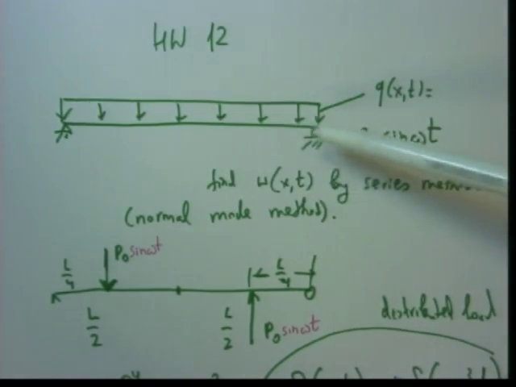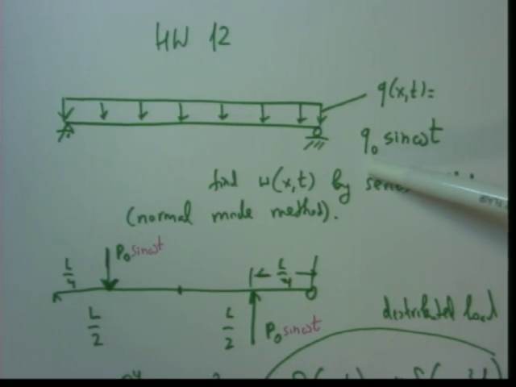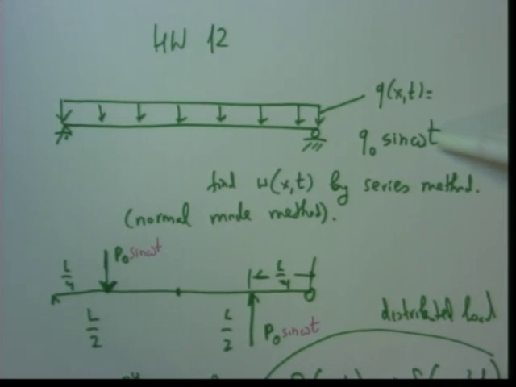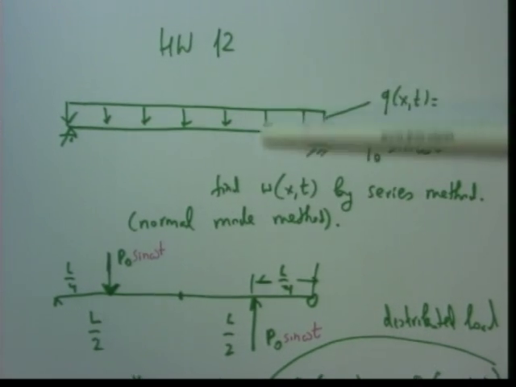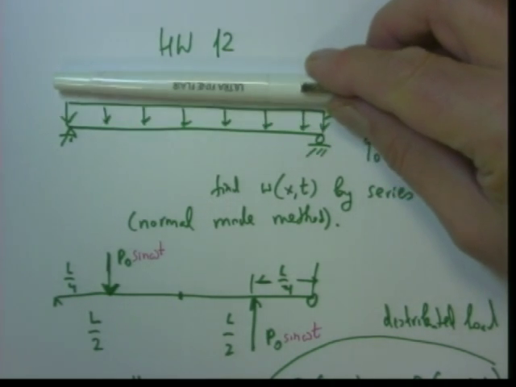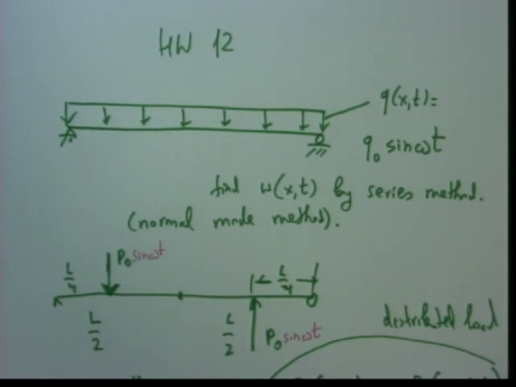I'm showing the beam in space. So for every value of t, this is a constant load. It is q0 times sine omega t. So whatever value sine omega t takes, that value should be multiplied by q sub 0. So actually it is variable in this direction, positive, negative, maybe more, maybe less. But for any time instant, it is a constant. We did not show time here. We showed only space. Any other questions? Yes, sir.